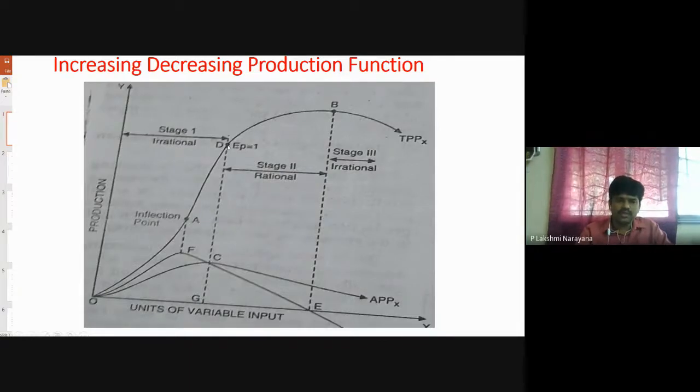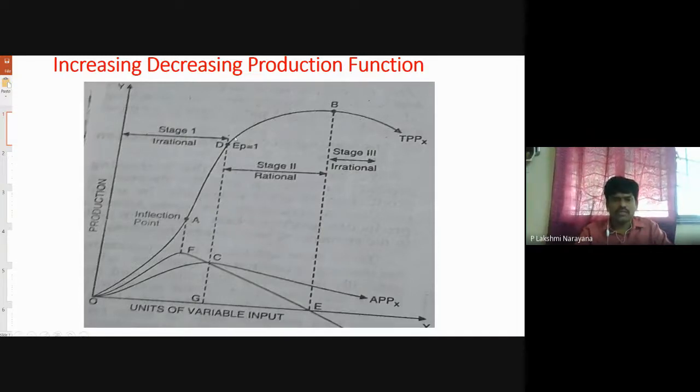From this point you can draw a line to the x-axis, where the marginal product and the average product are the same at point C. So marginal product is increasing up to this point F. If you draw a line to the total product curve, up to this point, all three curves are increasing: total production, average production, and marginal production.